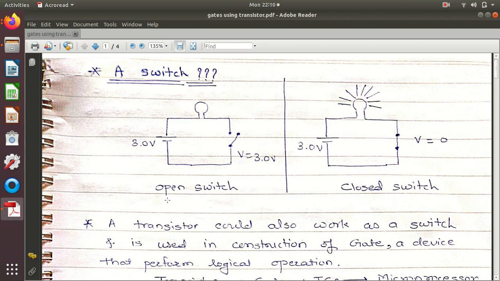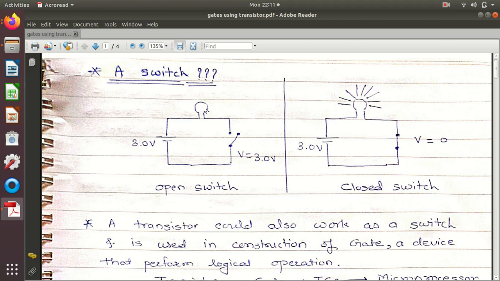When we say that a switch is an open switch, and when we say that a switch is acting as a closed switch. So here you can see when we connect a lamp across a battery with an open switch, then obviously the light will not be on.